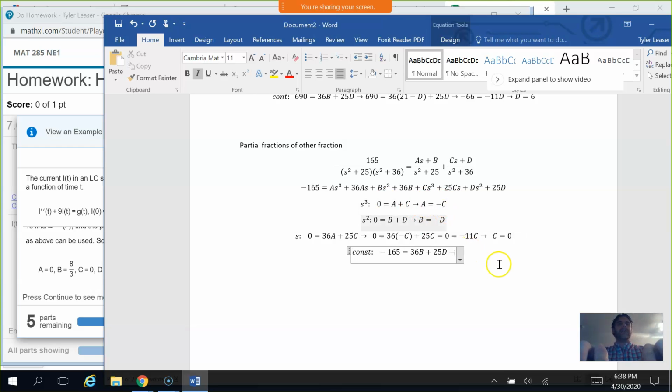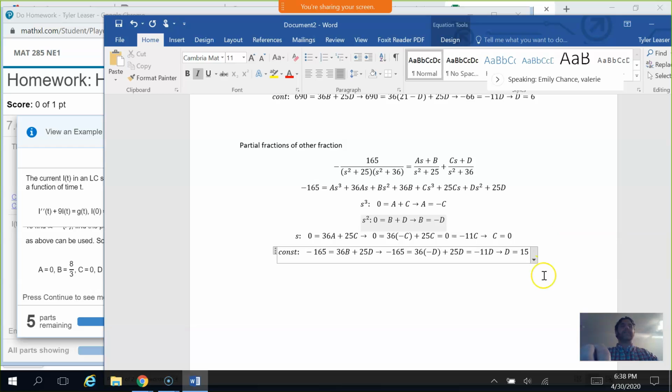This other one's not going to quite be the case. So for this other one, if I plug in B to be negative D, I get negative 165 is equal to 36 times negative D plus 25D, which is negative 11D. And then 11 goes into 165, I don't know, some number of times. 15, I'm guessing.